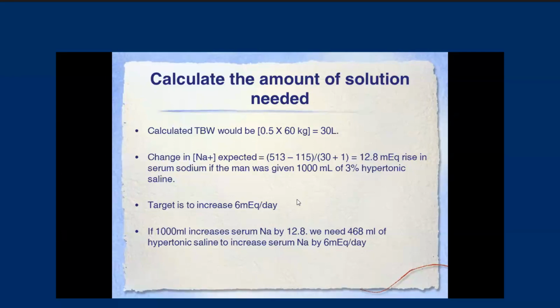So this can give us a formula which will help us to predict the rise in the sodium level from a given solution, but it doesn't incorporate the amount of fluid loss that results secondary to the correction of the hyponatremia.